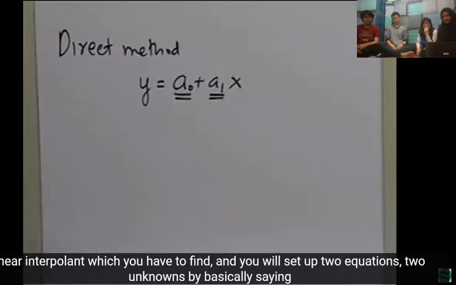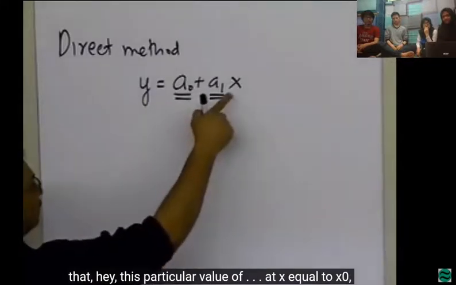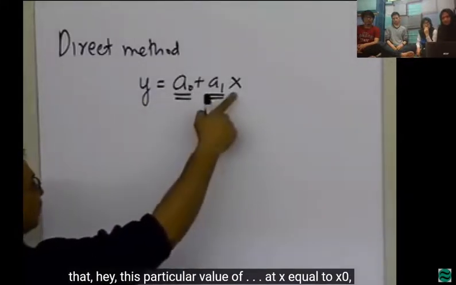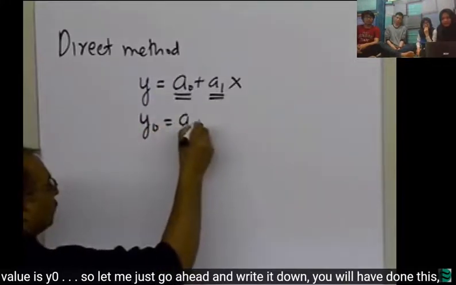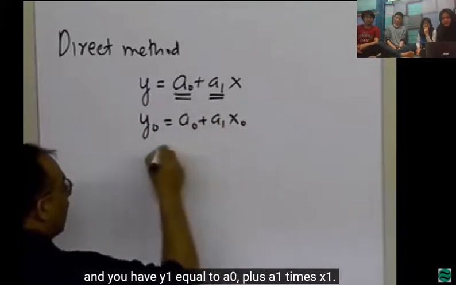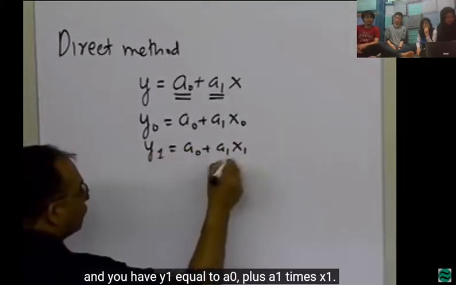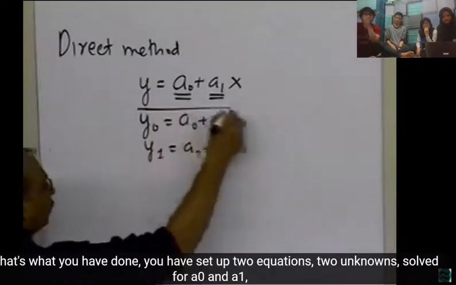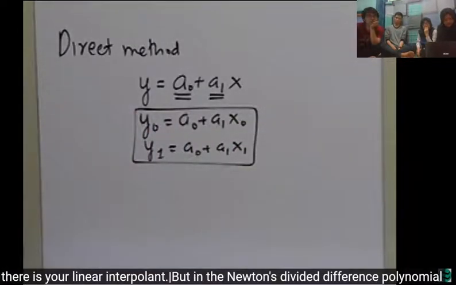And you set up 2 equations, 2 unknowns, by saying that at x equal to x naught, the value is y naught. So let me write it down. You would have done this, and you have y1 equal to a naught plus a1 times x1. So that's what you have done. You would have set up 2 equations, 2 unknowns, and solved for a naught and a1, and there is your linear interpolant.